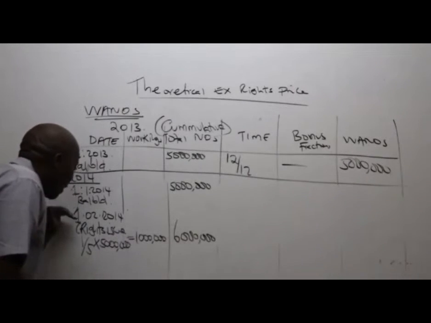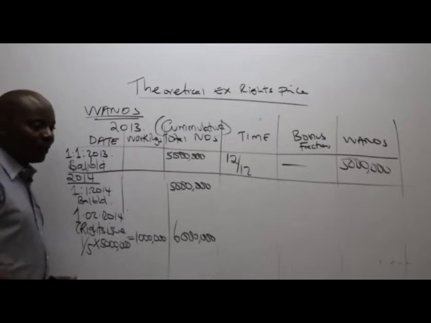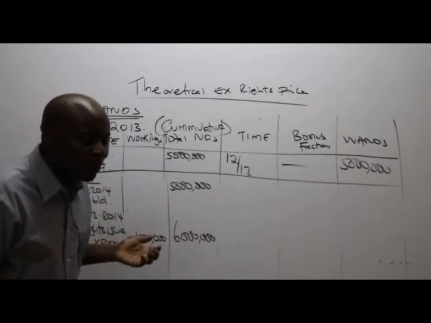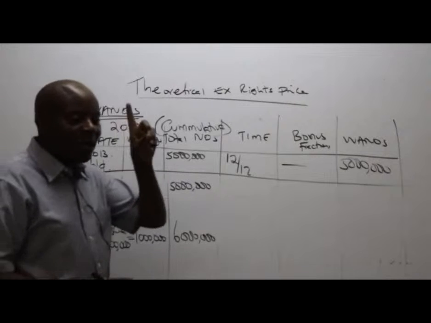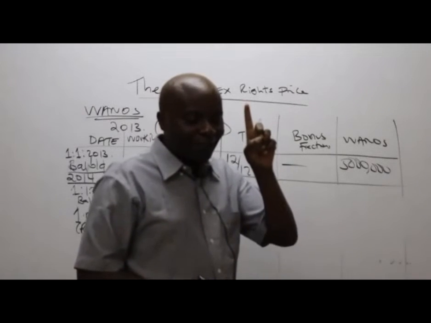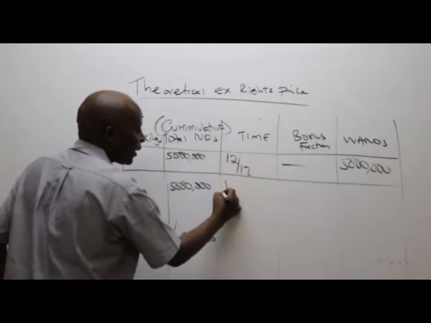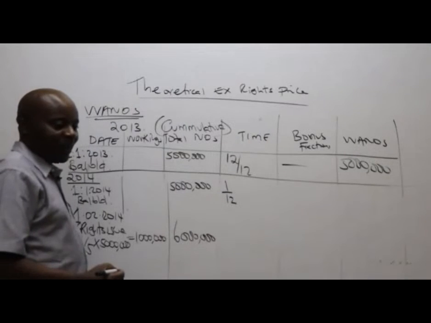How many months do we have in between? So we have here January, don't count February because these happened at the beginning of February. So it's only how many months? 1 month. Kwa hivyo hapa, nitasema kwa time fraction, nitasema ni 1 over what here somebody? 1 over 12. Si ni kweli?